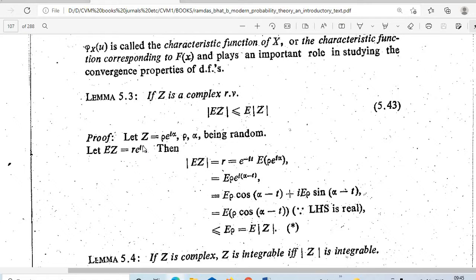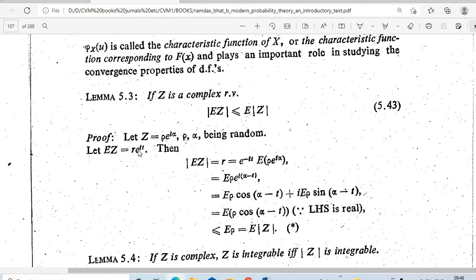e raised to i t is nothing but cos t plus i sin t, so the modulus of e raised to i t is 1. So the modulus of the expectation of z will have the value r times 1. Now you can move this e raised to i t to the left side.